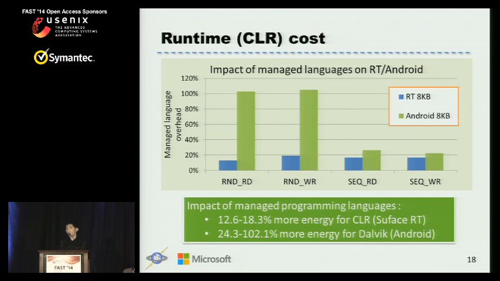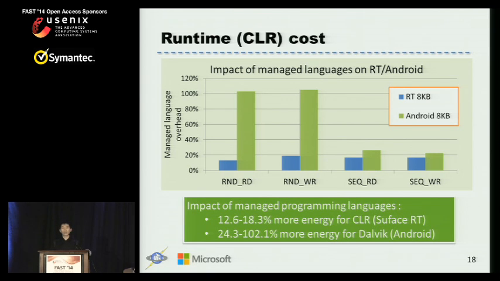As we can see from this figure, the impact of managed programming languages is up to about 20 times more energy for Surface RT, and for Android, such a number can be up to over 100. So that is also a very big number.